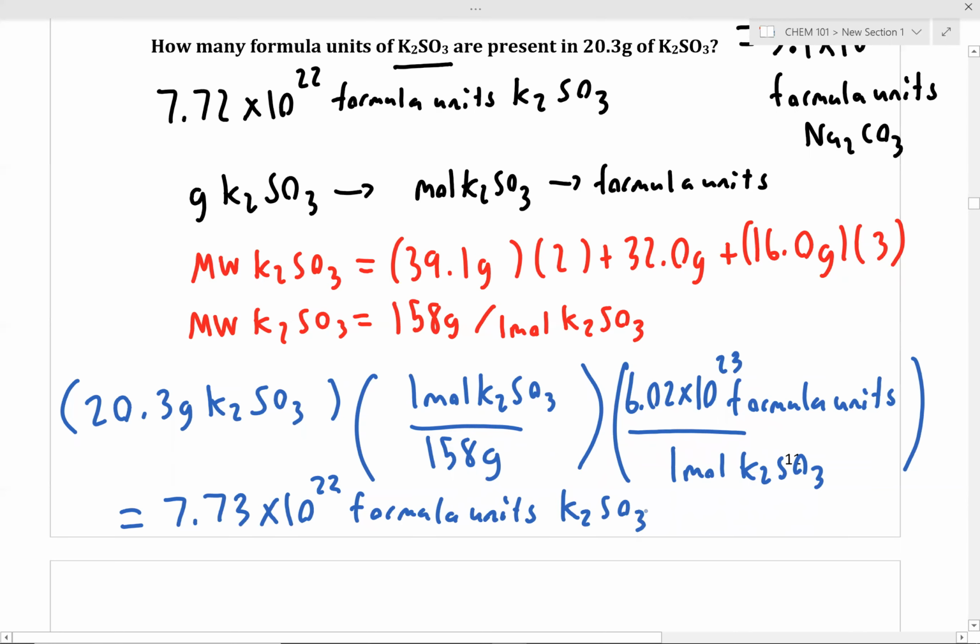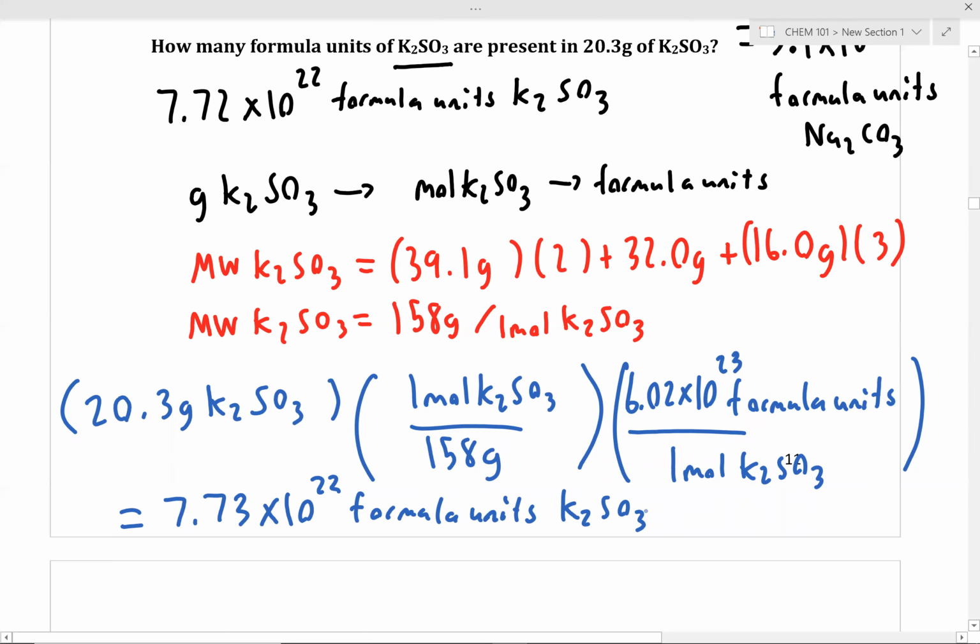Don't worry if there's some drift in the last digit. Your answer is perfectly acceptable. It's likely due to the fact that I rounded my molar mass. On an exam, I'd like you to use the longhand molar masses. I'm only just rounding in this demonstration to save space.